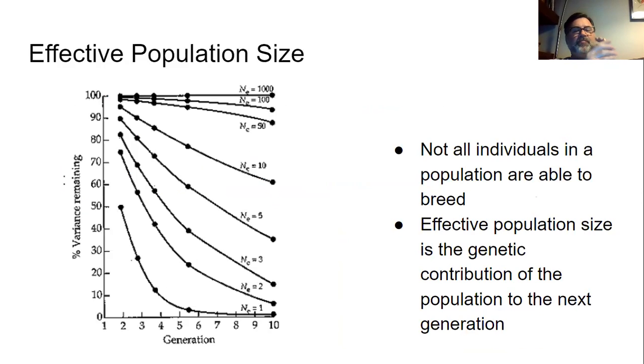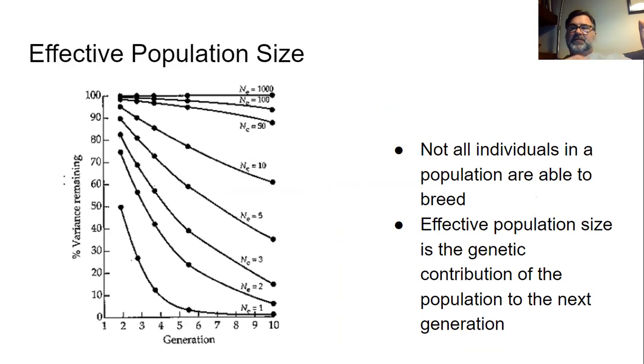Okay, so small populations can go through bottlenecks. They can have all sorts of negative consequences, increased inbreeding. But you can't just look at the population number per se. You have to look at the effective population size.